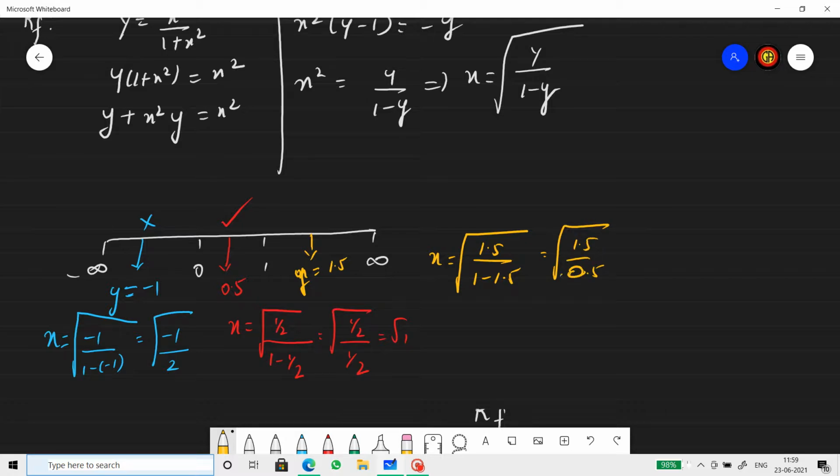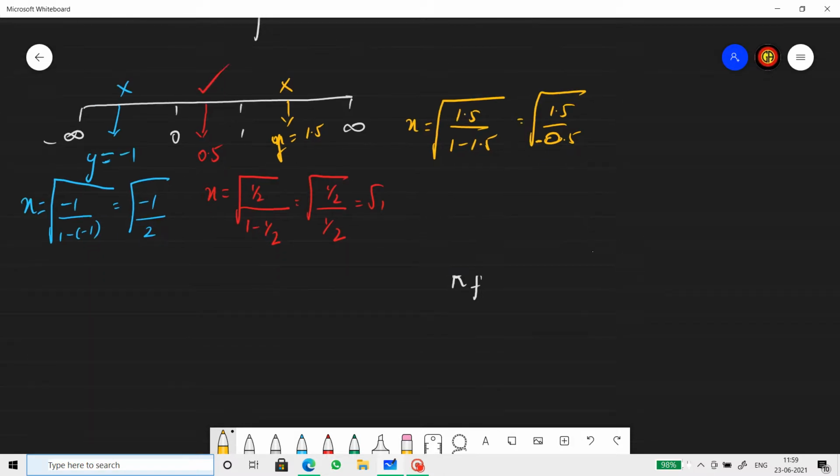Hence, the end answer is negative here. So I cannot admit y here. So y should be between 0 and 1, right? y should be between 0 and 1. With this we come to know that y belongs to 0 to 1.